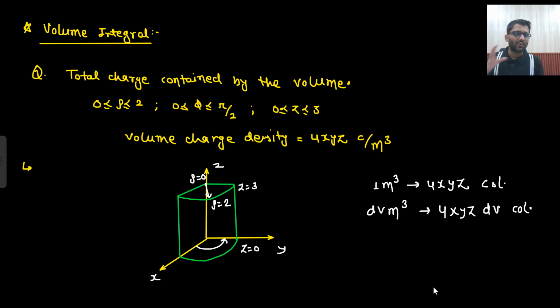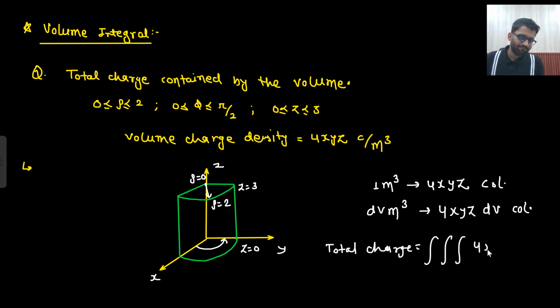If I need to find the total charge, what do I need to do? Simply the integration. 4xyz into dV. The limits are: rho is 0 to 2, phi is 0 to pi by 2, and z is 0 to 3.